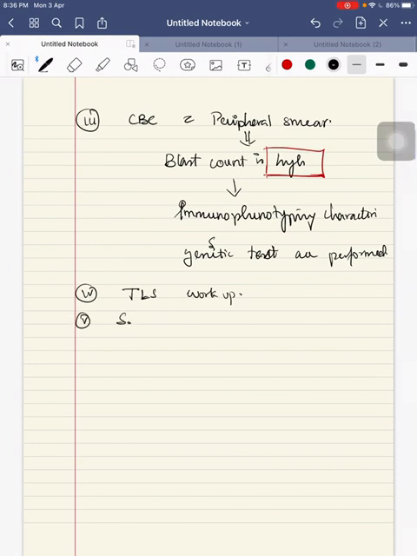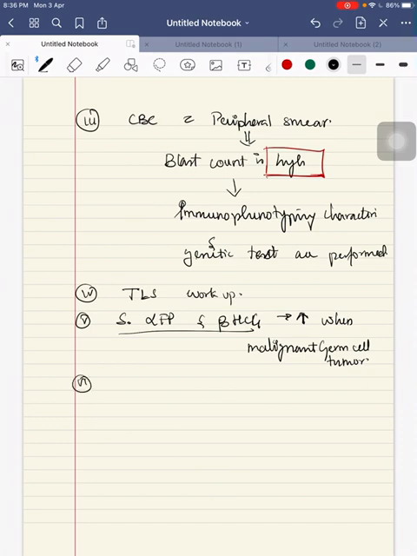Fourth, side by side, you should look for a tumor lysis syndrome workup. Then you can also do serum alpha fetoprotein and beta HCG. Both are elevated when the patient has a malignant germ cell tumor.